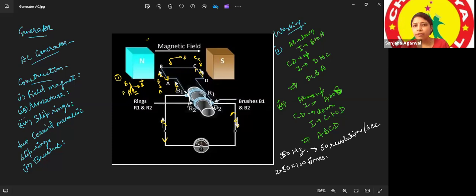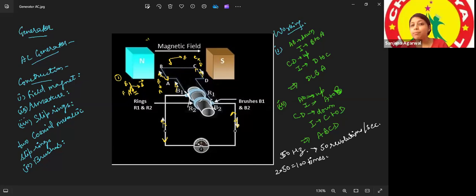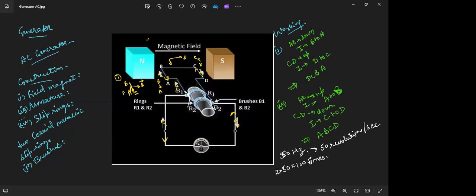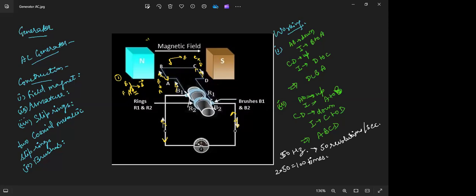R1 has no other connection except this side A. That's why these are slip rings. These are not split. Earlier in the motor, they were part of the same circle, the two semicircles, and this time it is split. Here it is the complete ring, so two different rings connect to the two different sides of the coil. Yes, understood.